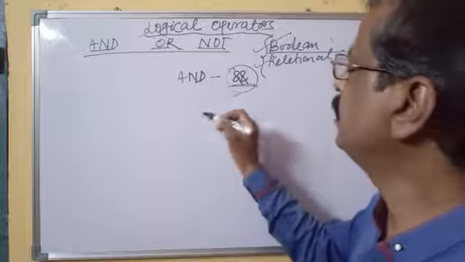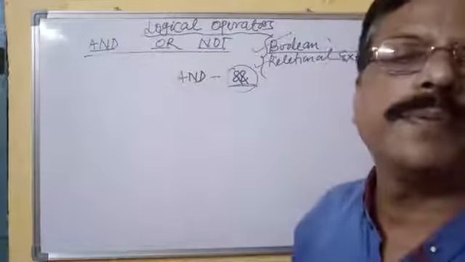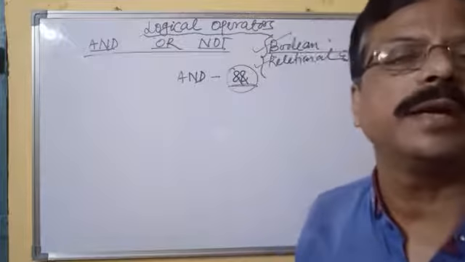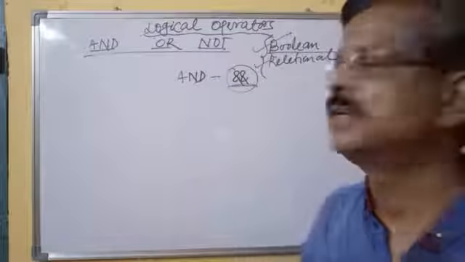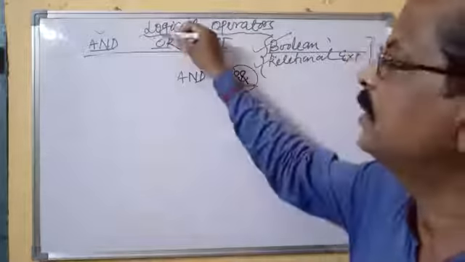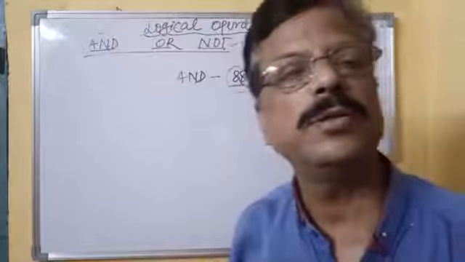Every logical operator has a standard rule of execution, a certain rule it follows to produce the answer, and it gives the answer in true or false. So the AND operator gives the answer in true or false, the OR operator also, and the NOT operator also gives the answer in true or false only.